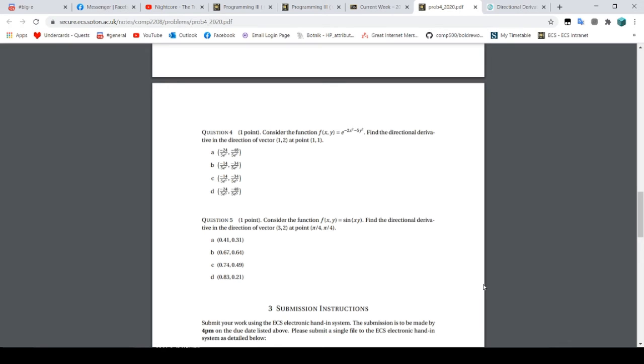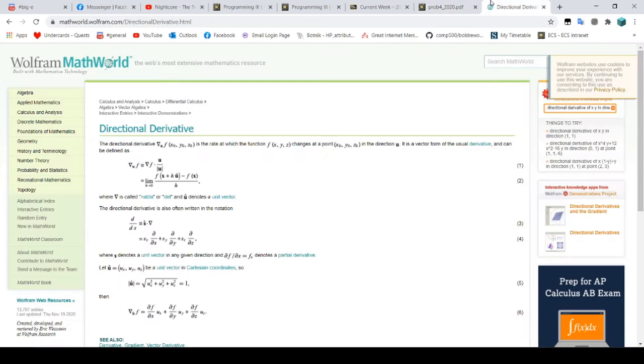I think I'm working out unit vectors wrong, maybe. Do you think that's possible? Denotes a unit vector in the given direction.